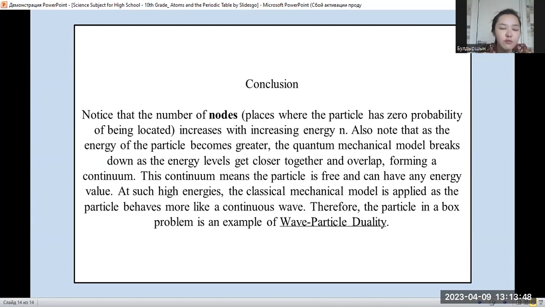This continuum means the particle is free and can have any energy value, and at such high energies the classical mechanical model applies as the particle behaves like a continuous wave. Therefore, the particle in a box problem is an example of wave-particle duality.